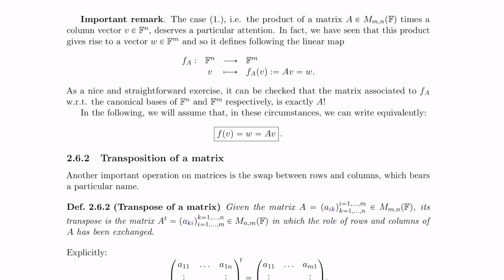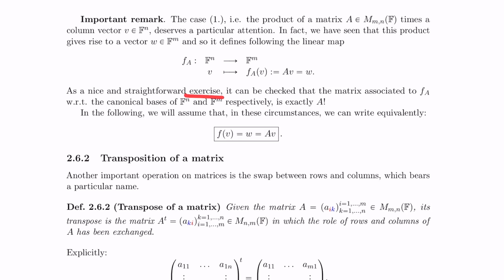Since the matrix product is a linear operation, this in turn defines a linear map that we call Fa between Fn and Fm, which takes the column vector v belonging to Fn and brings it to the column vector w belonging to Fm, obtained by multiplying A with v.